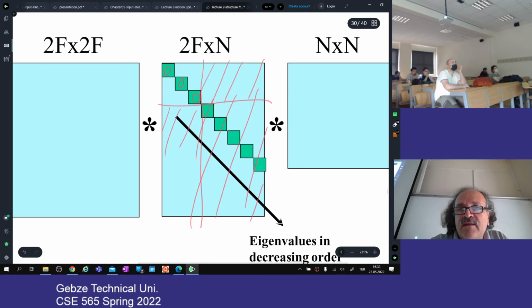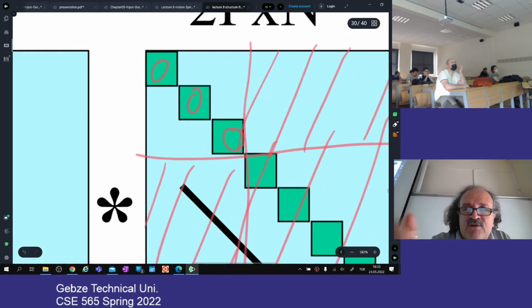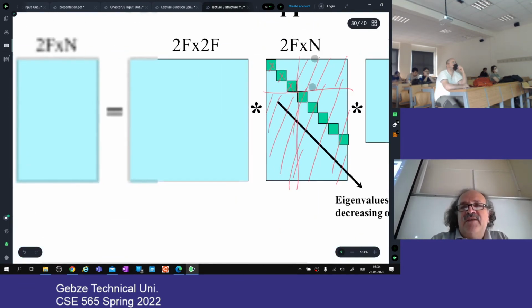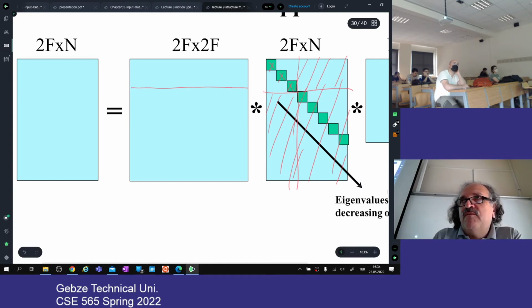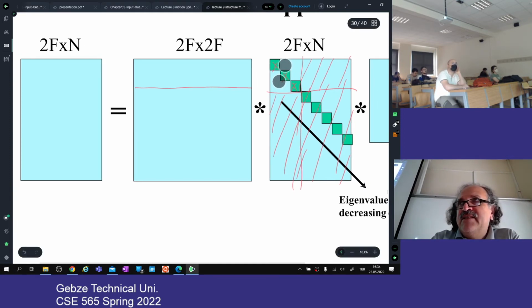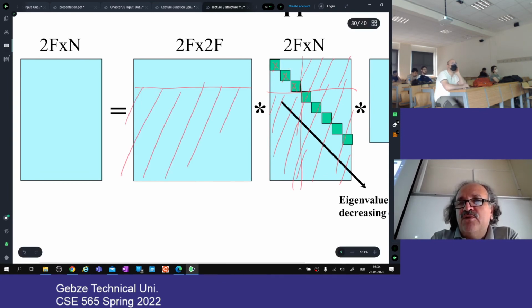Okay. These are non-zeros. That means what? Only the first 3 rows will get multiplied by these 3 numbers. The rest of them I can ignore.